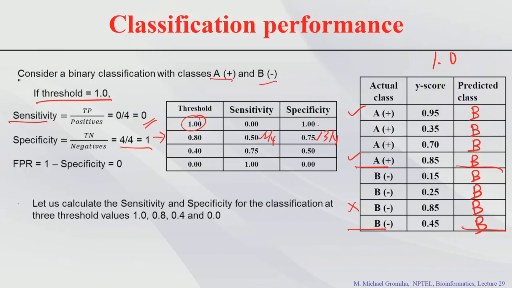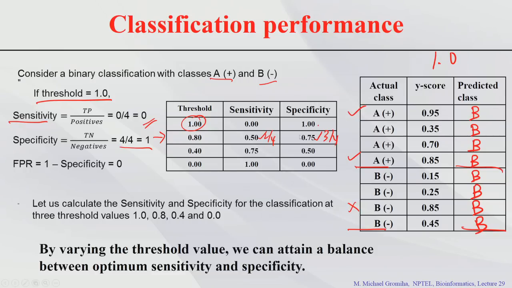So, with the different thresholds, you can get the sensitivity and specificity. Now you can vary the threshold value and see a balance. The threshold 1 is completely biased to one side, and the threshold 0 to the other side.